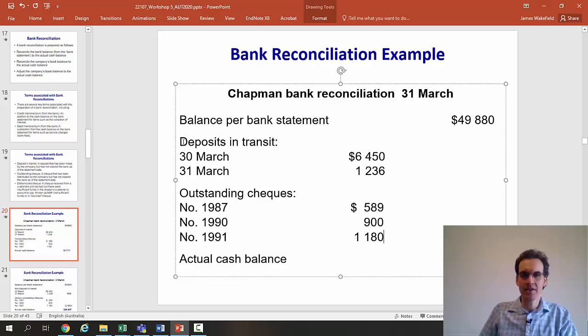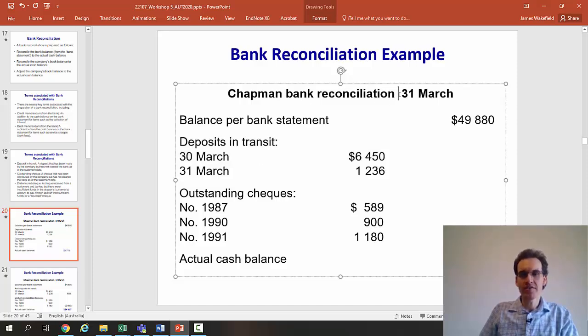And notice here that the first thing that we identify is deposits in transit. So these are deposits we made where, of course, we took a check or an amount of cash to the bank, and the bank has yet to process that and reflect that in our account.